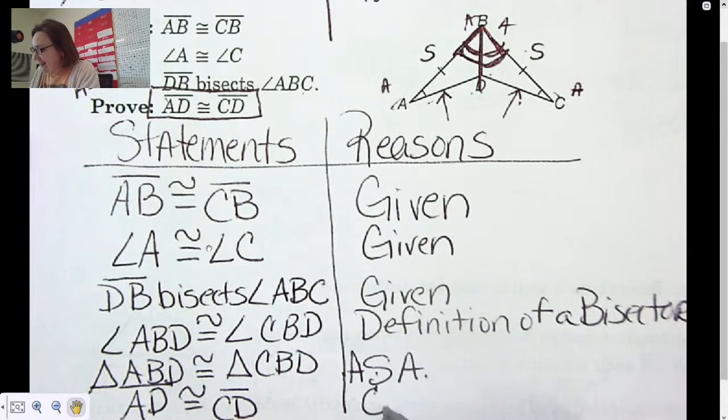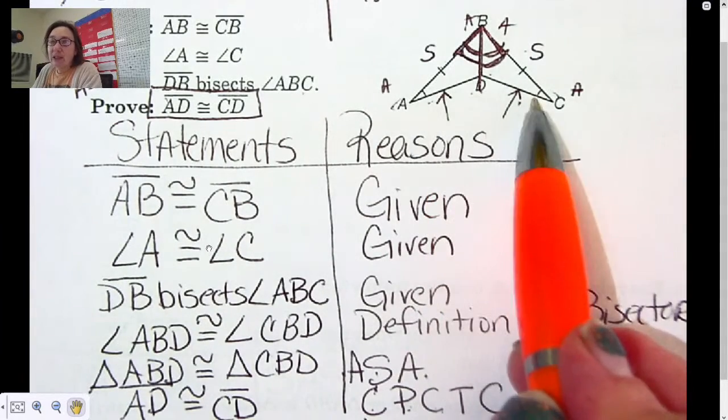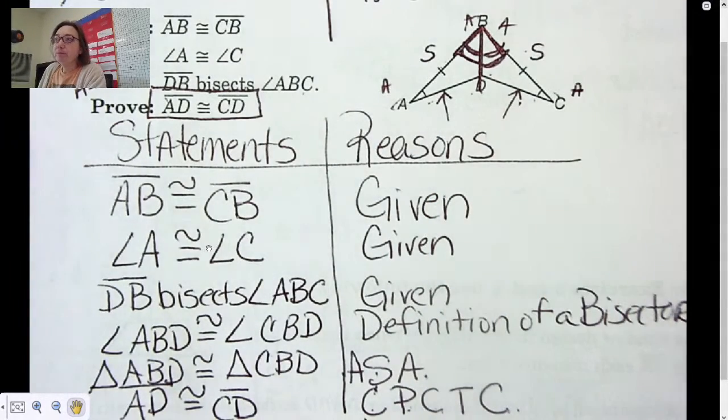CPCTC, which stands for corresponding parts of congruent triangles are congruent. Corresponding meaning the ones in the same location. And then y'all know what congruent means. Right? And so we're done with that. That's it. We proved it.